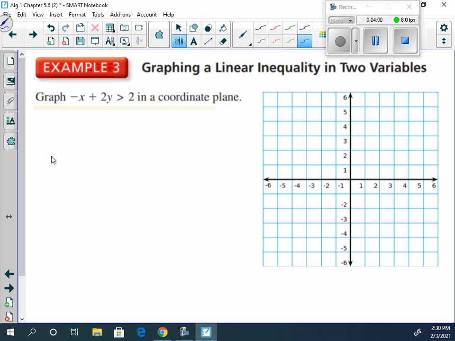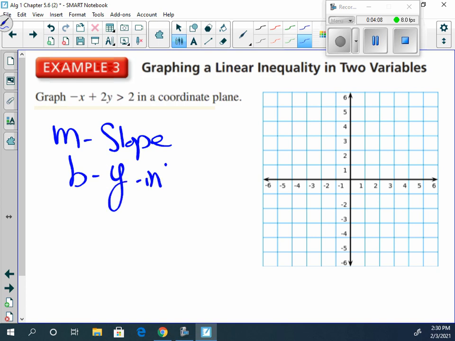So we don't have the slope or y-intercept. Well, technically, we do have a slope and y-intercept, but we can't find them by just looking at the equation. It's not in the form y equals mx plus b that we were using yesterday, where we have our slope and y-intercept.